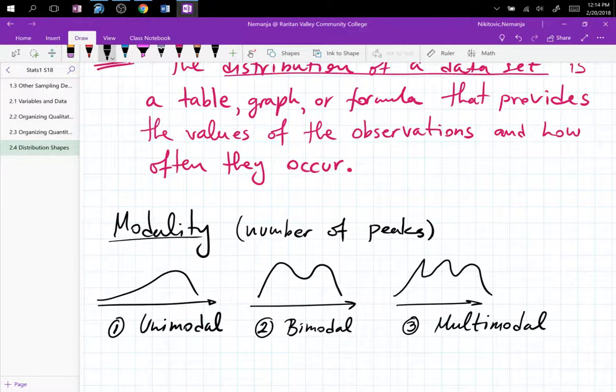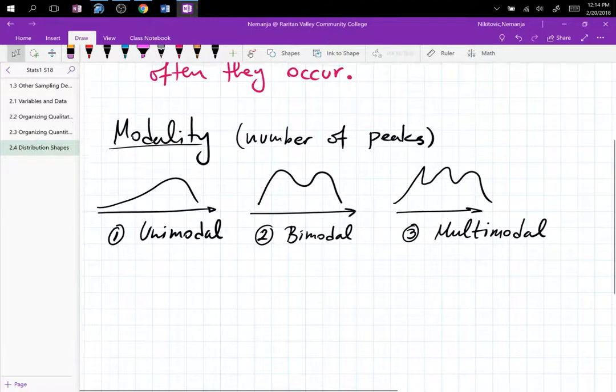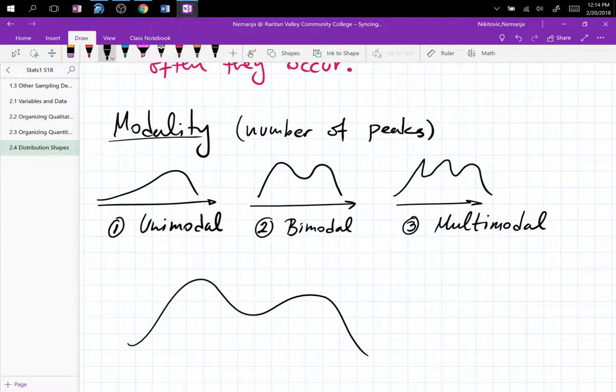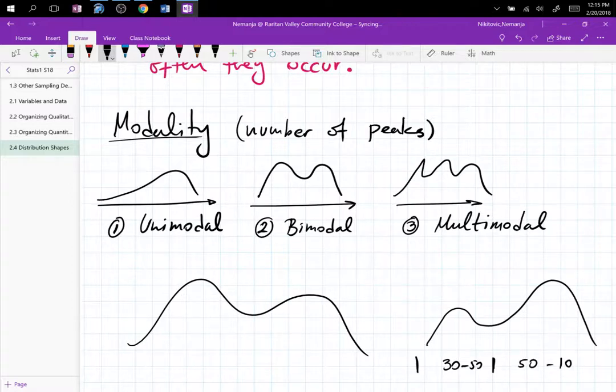Generally, when you look at the frequency distribution of grades, especially in algebra class or pre-calc or stats, the bimodal distribution is present. If the graph looks something like this, this is your range 30 to 50, and this is the range 50 to 100.